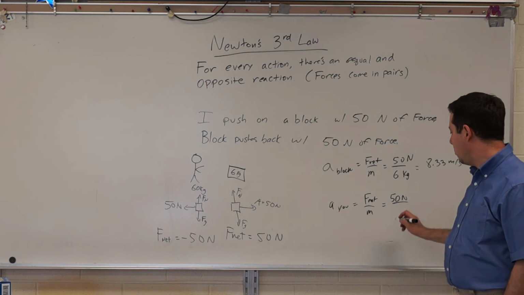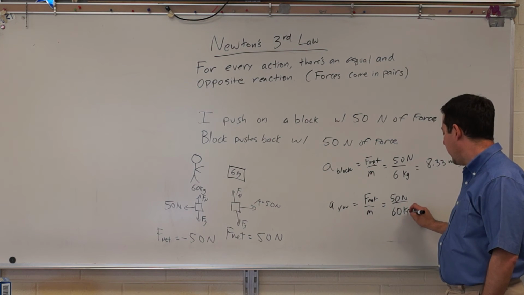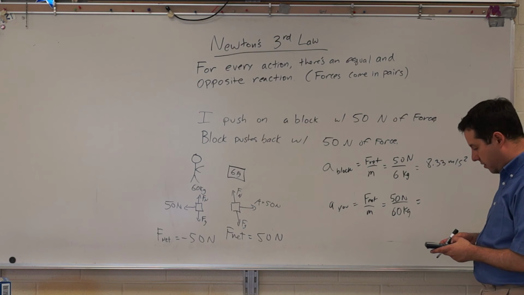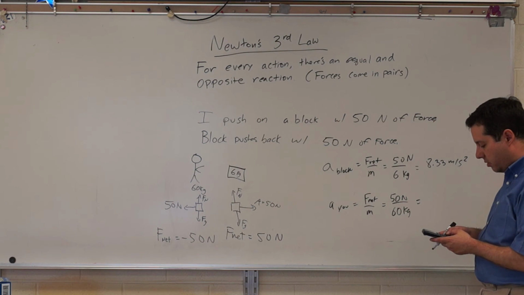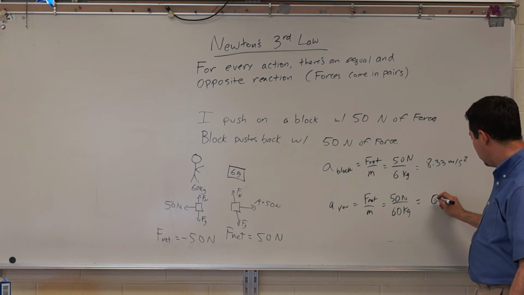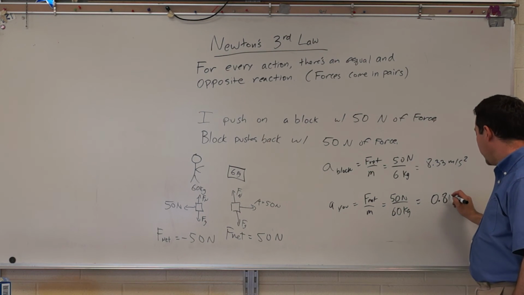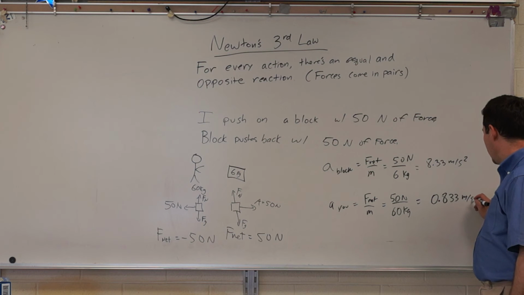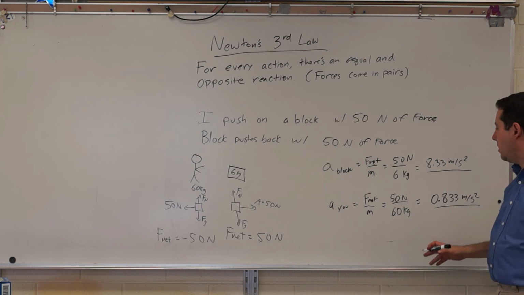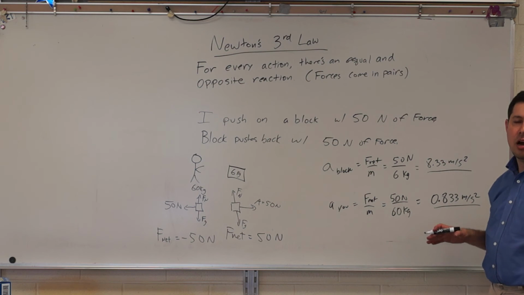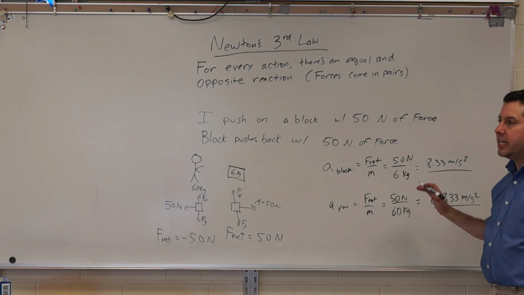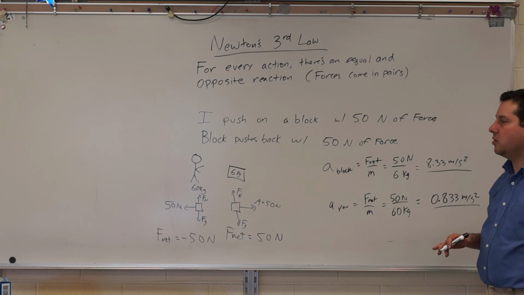But you are much, much more massive, 60 kilograms. So instead of 8.33 meters per second squared, I don't even need a calculator for this, but I'm doing it anyway, because it should just be with the decimal point moved, 0.833 meters per second squared. So the forces are equal and opposite, but the accelerations are not. They're in opposite directions, but definitely not opposite in magnitude.